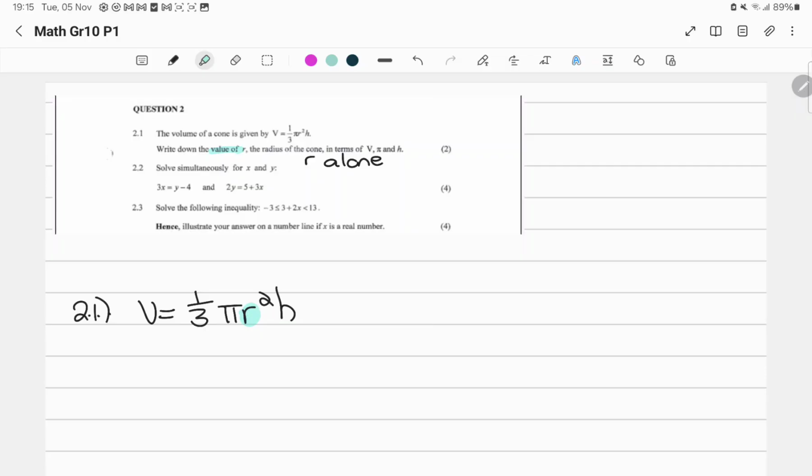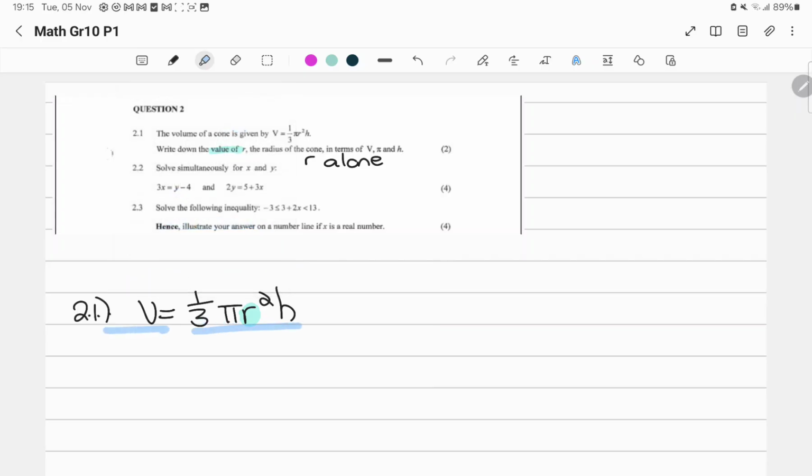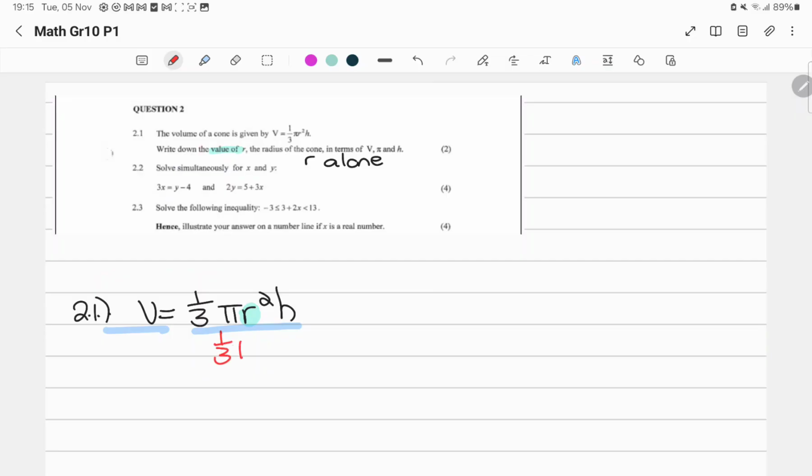So what's the first thing I can take over? Well, seeing as though all of these things are multiplying, I can immediately divide both sides by 1 over 3 pi h.